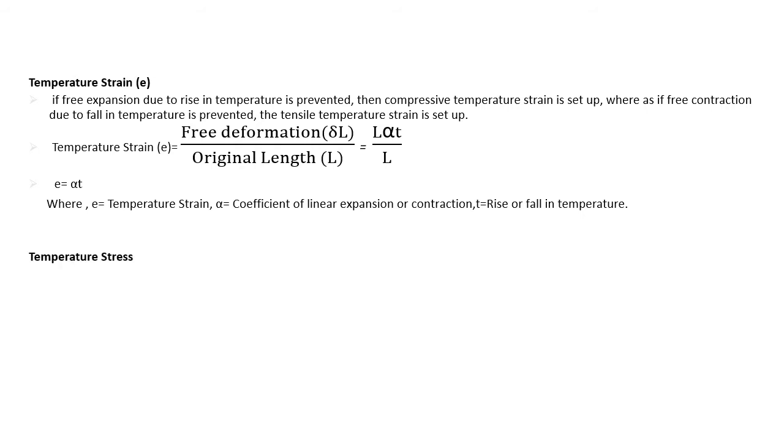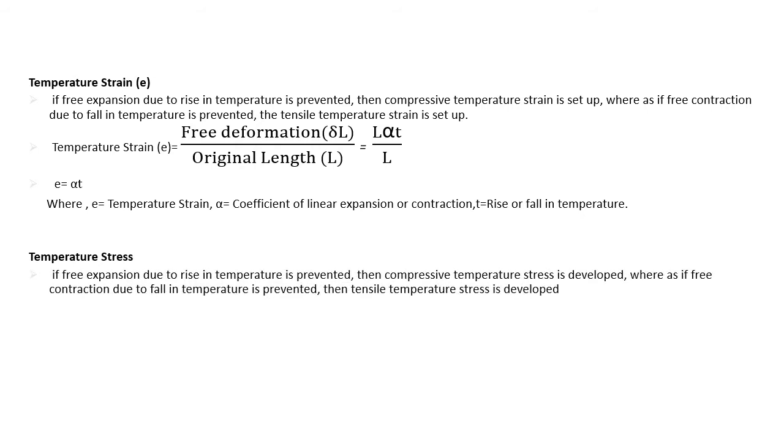Now consider mathematical form of temperature stress. If free expansion due to rise in temperature is prevented, then compressive temperature stress is developed, whereas if free contraction due to fall in temperature is prevented, then tensile temperature stress is developed.